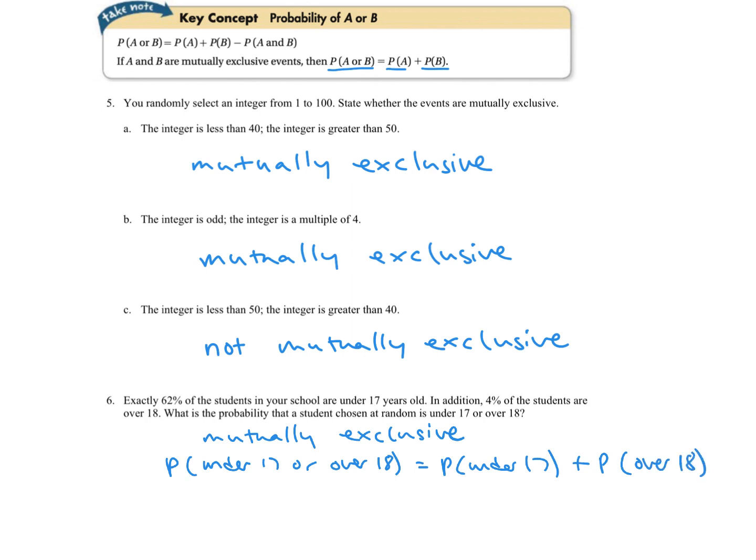The probability that a student is under 17 is 62%. The probability that a student is over 18 is 4%. So I add those together and I get 66%.